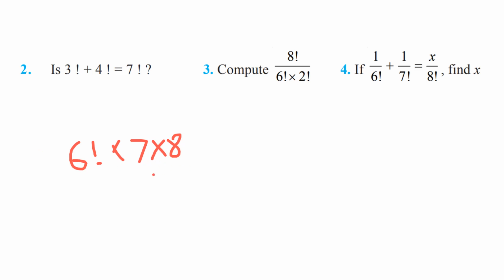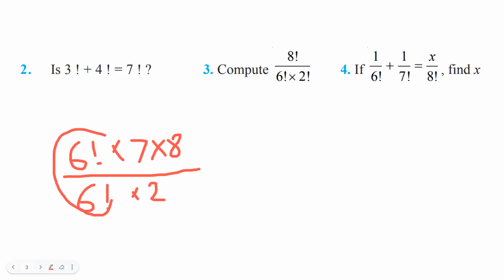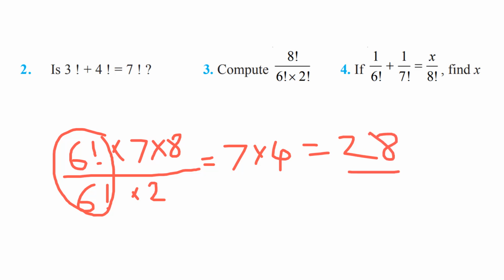This is 8 factorial divided by 6 factorial and 2 factorial. 2 factorial is nothing but 1 multiply 2, that is 2. So here this will go away and we have 7 multiply 8 by 2. It means 7 multiply by 4, that is 28. So this evaluates to 28.